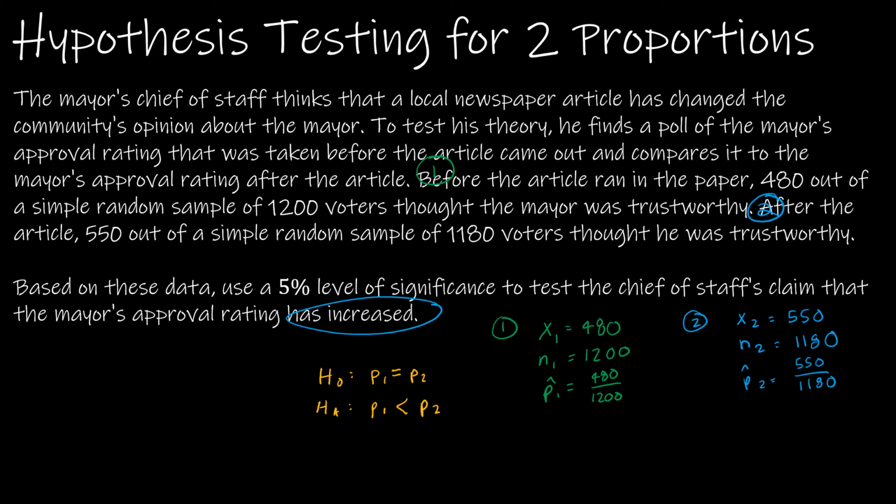And why did I use less than, considering this says has increased? Remember, this is after the article. And so we're asking, after the article, is this number bigger than this number? So you have to be careful when you're writing your hypotheses so that you know exactly what it is you're trying to test.